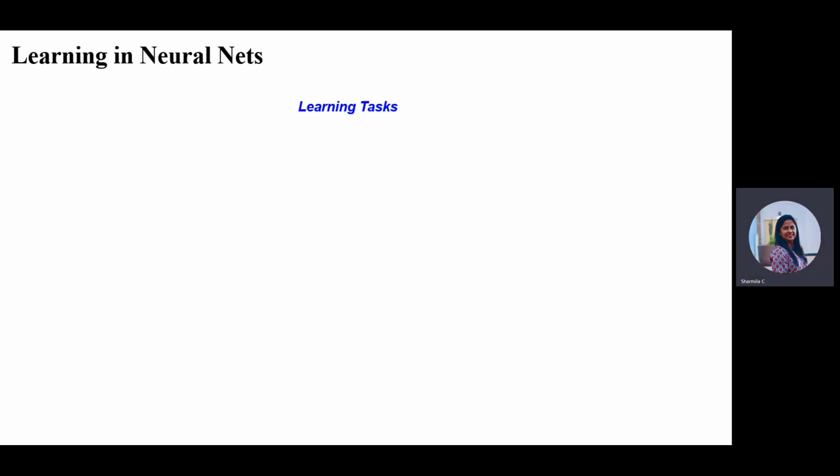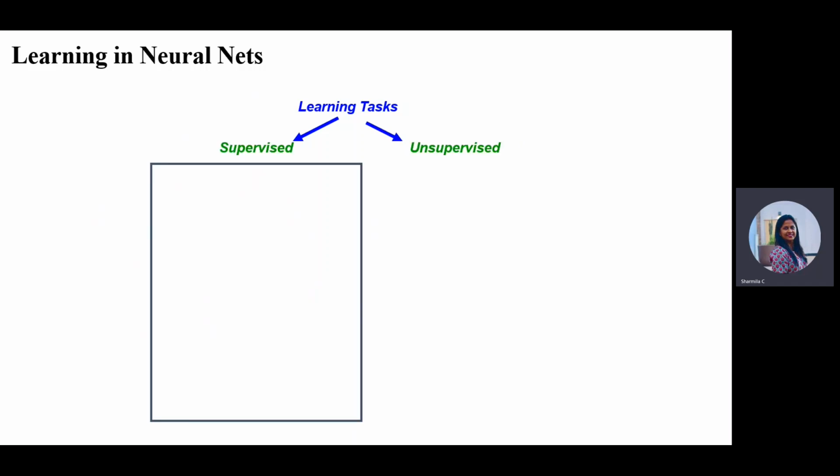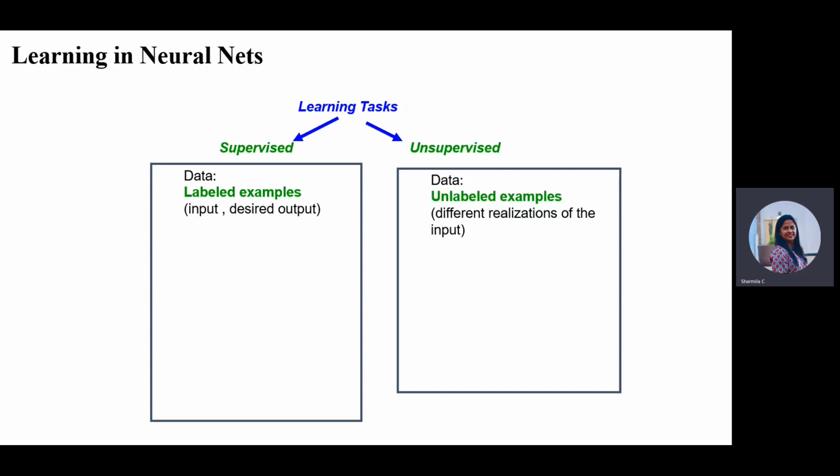With this, learning in neural networks, that is the learning task, can be supervised or unsupervised. With supervised data, as you already know, we have labeled examples, that is input, comma, desired output. In unsupervised, we have unlabeled examples, that is different realizations of the input. Tasks performed by supervised learning are classification, pattern recognition, and regression; for unsupervised, clustering and content addressable memory.